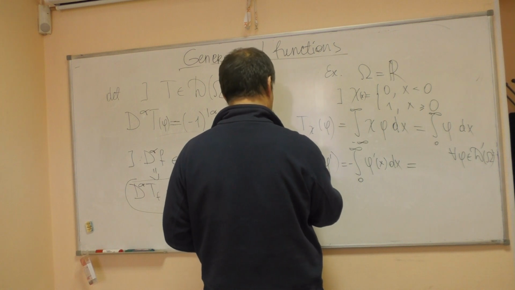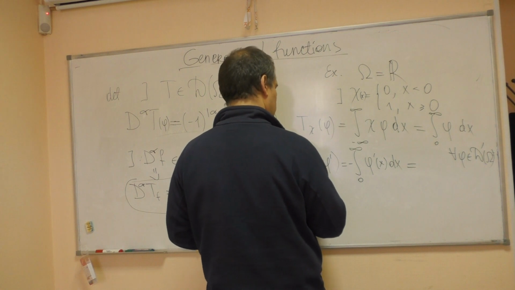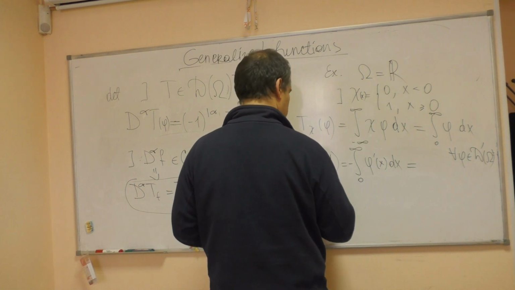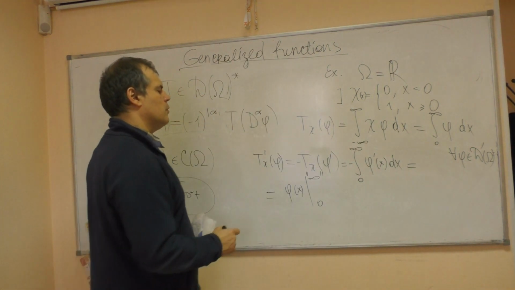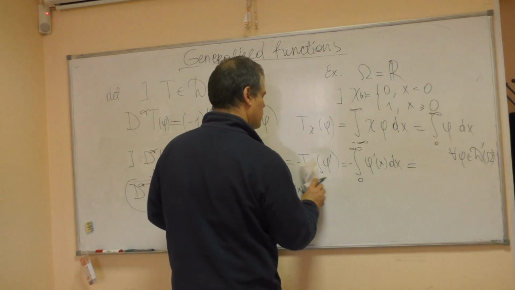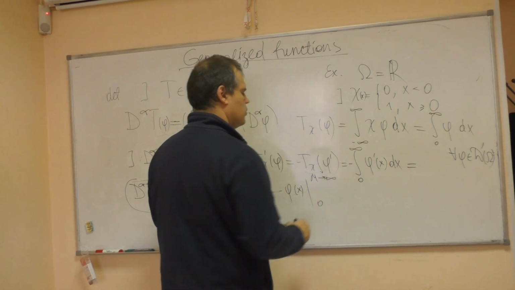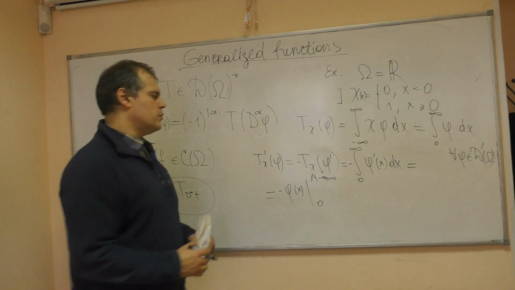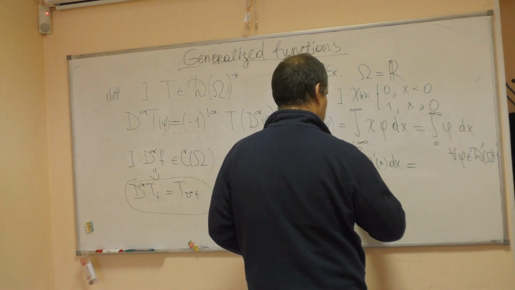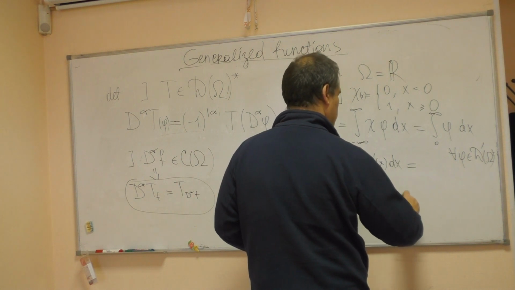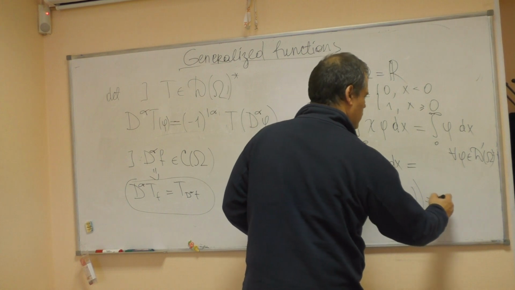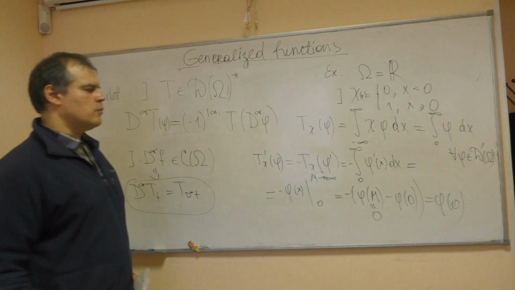It will be phi at infinity, let's say not real infinity, but some big number M that goes to infinity, and it will be equal to minus phi of M minus phi of 0, and if M is big, this is 0, and we obtain phi of 0.